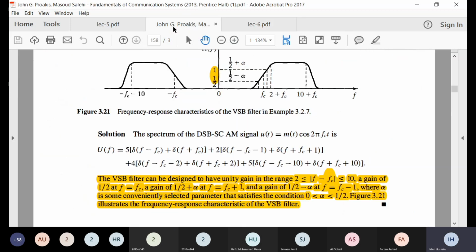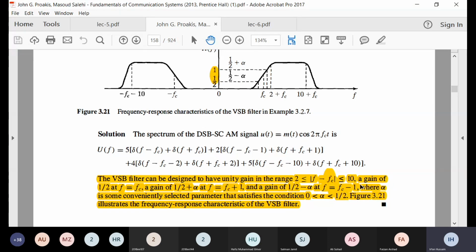Alright, this is one way. You can use different values of alpha or different ranges of frequencies, but the main point will be that you will need to satisfy the frequency response as required in the question. So we will have unity gain for the range of f, because of this above arrangement.